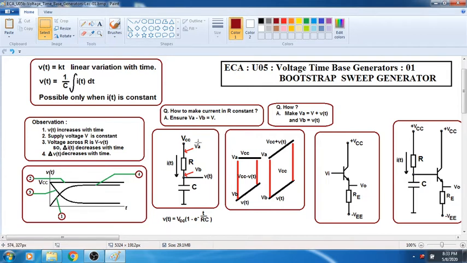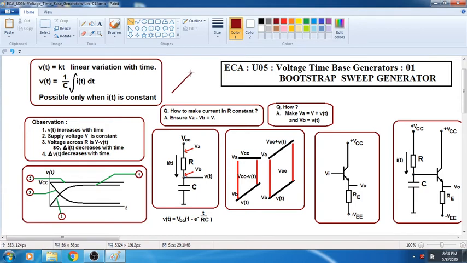the objective of designing a voltage time base generator is to make a circuit that will give an output which is voltage on the y axis and time on the x axis in such a manner that the voltage increases linearly with time.